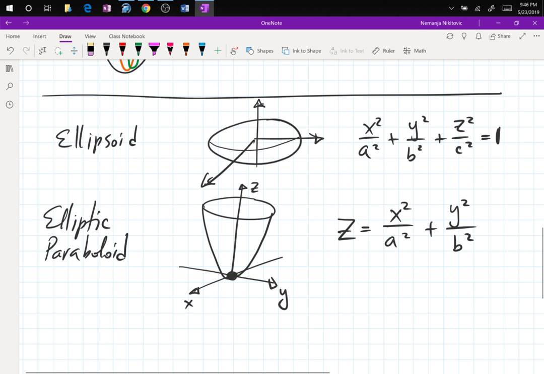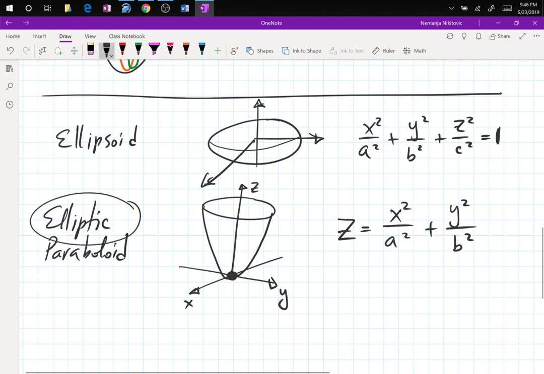If you cut with a z that is equal to 1, what do you get? You get an ellipse, right? If you cut with z equals 2, just divide everywhere by 2, it becomes 1. It's an ellipse again. So no matter where you cut with the xy plane, you always get an ellipse.